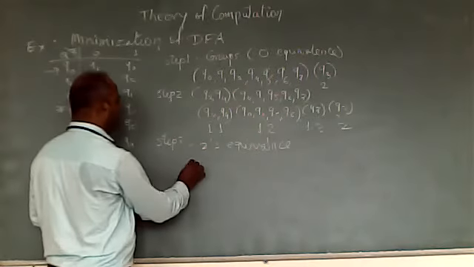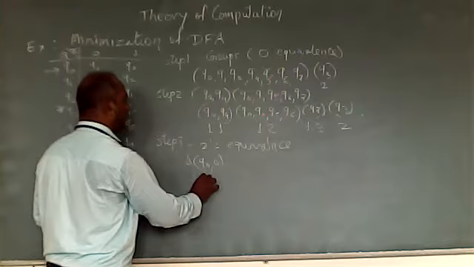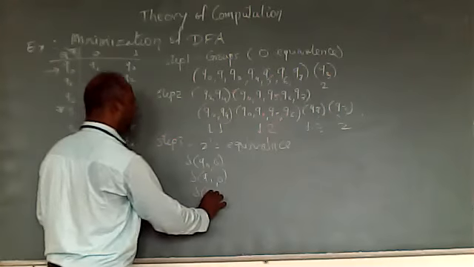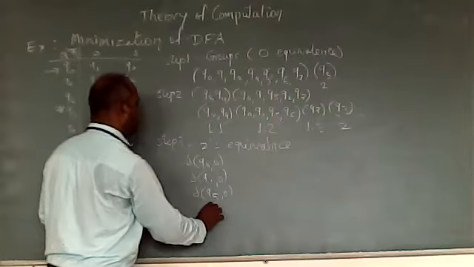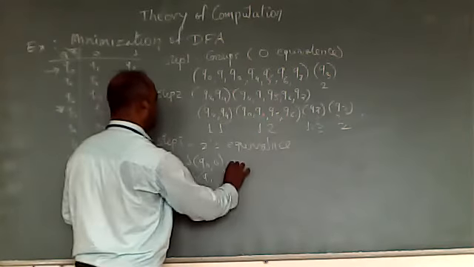In the 1.2 group, we take delta of Q0 with 0, delta of Q1 with 0, delta of Q5 with 0, delta of Q6 with 0.